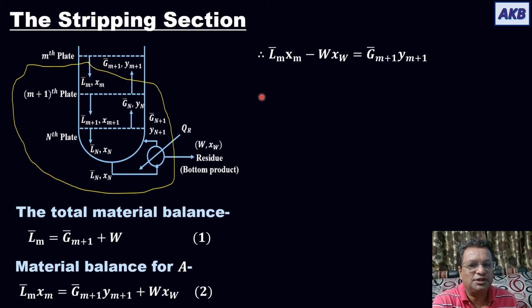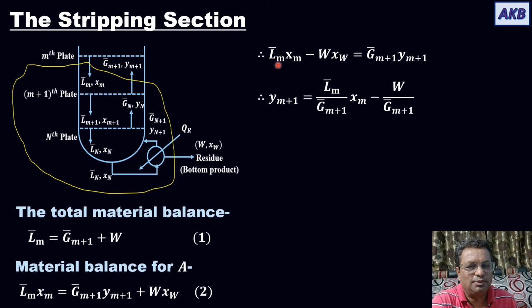If you rearrange it, you are going to get L bar m into xm minus W into xw, that is equal to G bar m plus 1 into ym plus 1. So what I have done is brought the W into xw term to the left hand side. In the next step, I'll write the equation for ym plus 1. The G bar m plus 1 can be brought on this side, and you can get this equation.